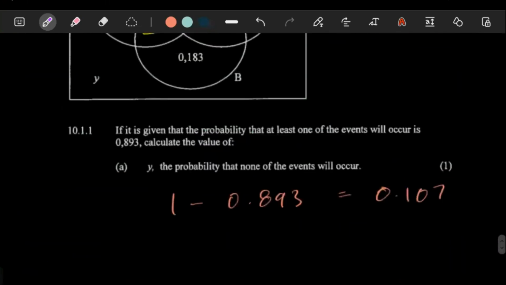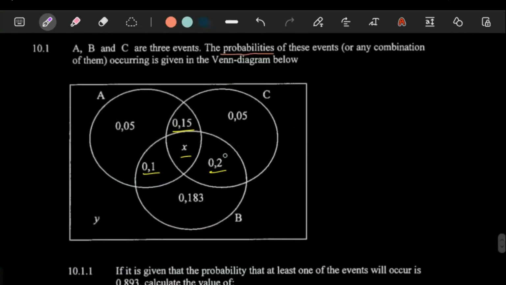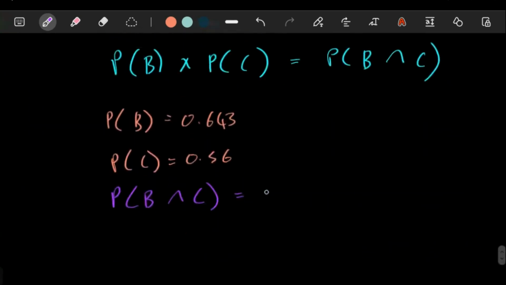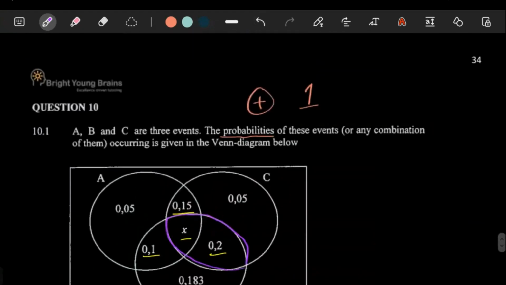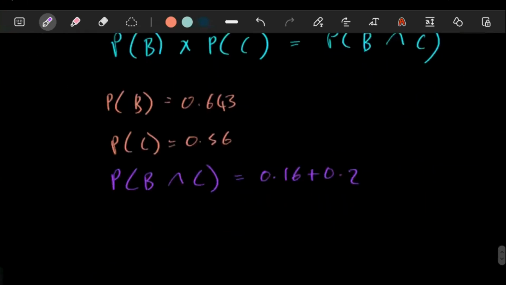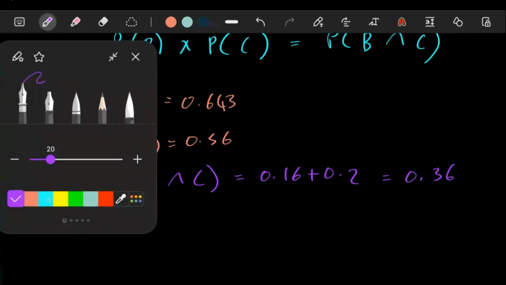The probability of B and C is these two added together, which is 0.16 plus 0.2, which is going to give you 0.36. So let's see what you get if you multiply those two figures together.